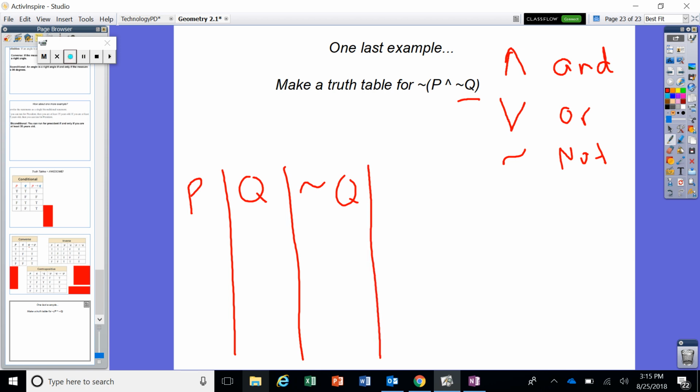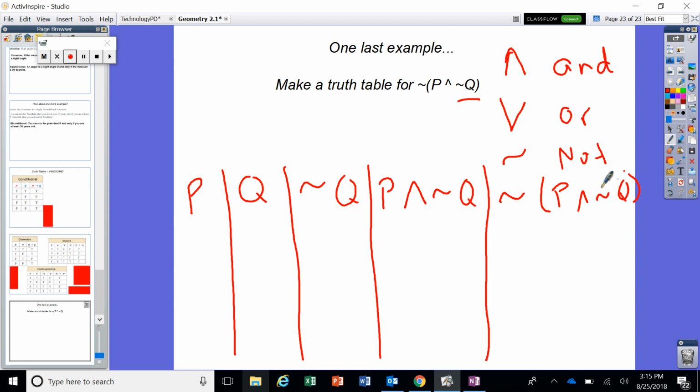Inside of those parentheses is P and not Q, and then the entire statement is not, parentheses, P and not Q. Let me say that one more time so we don't get confused. What this means, guys, when you see the parentheses, is that the entire parentheses will have a truth value, and then we will negate it, take the complete opposite. And that's what we did in this fourth column right here.